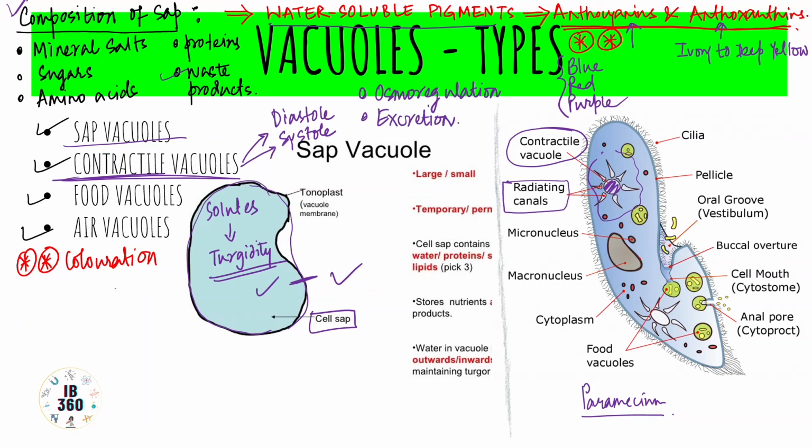Then come food vacuoles. Food vacuoles occur in protozoan protists and several lower animal forms, even phagocytes of higher animals, and they are formed by the fusion of phagosome and lysosome. We have talked about this in our previous class.